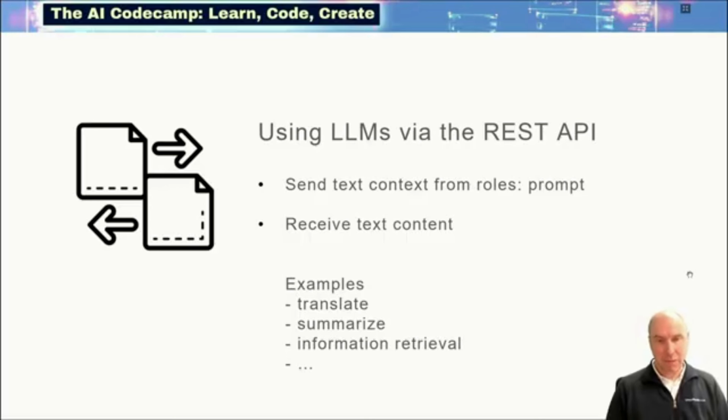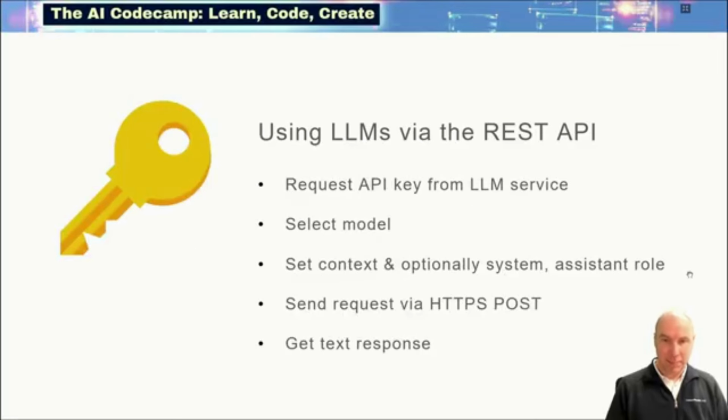So basic functionality is sending your prompt and receiving the answer from the LLM. And typical use cases are translation of text, summarization of data, analysis of data, information retrieval. All these things can be done via an LLM that is controlled via a REST API.